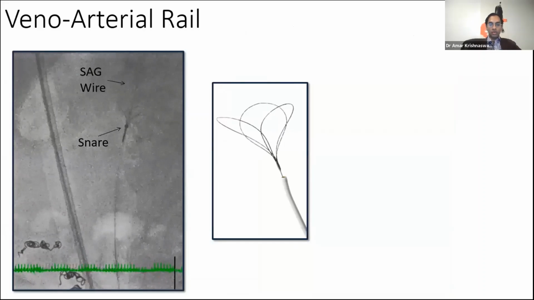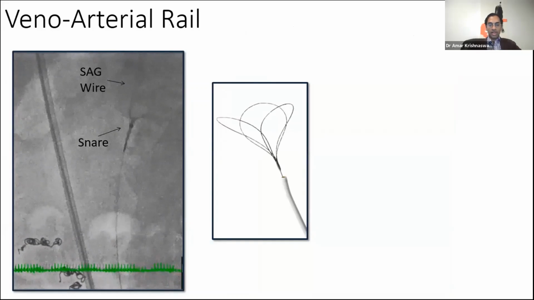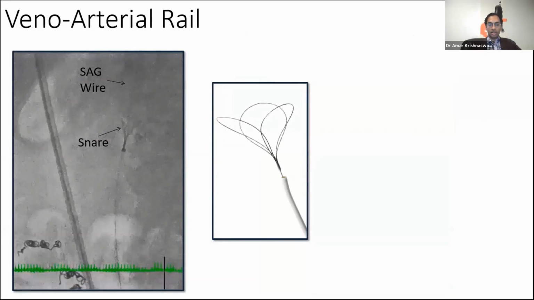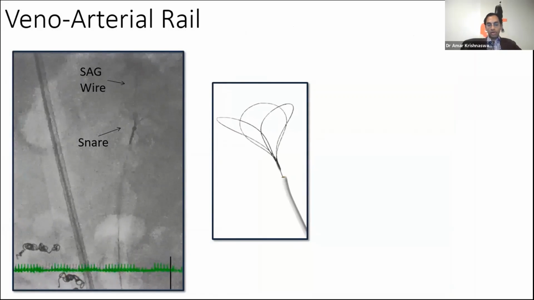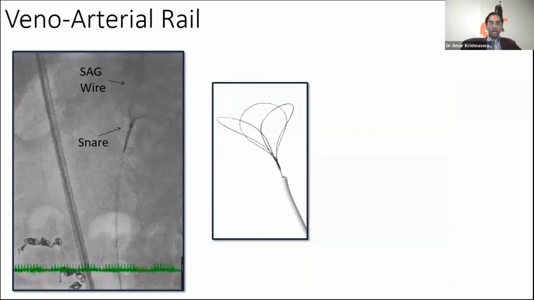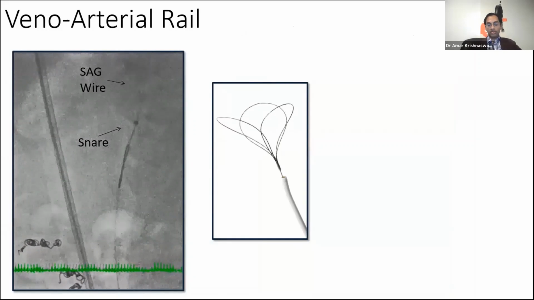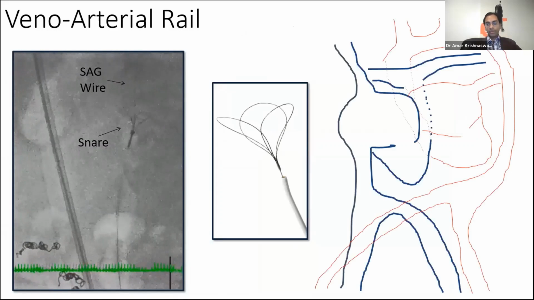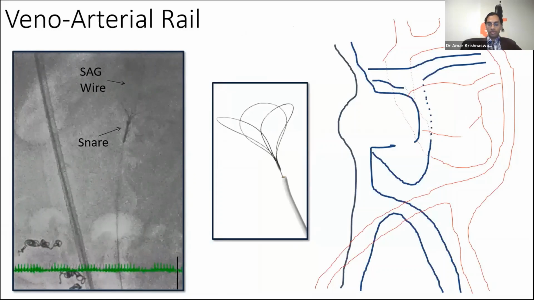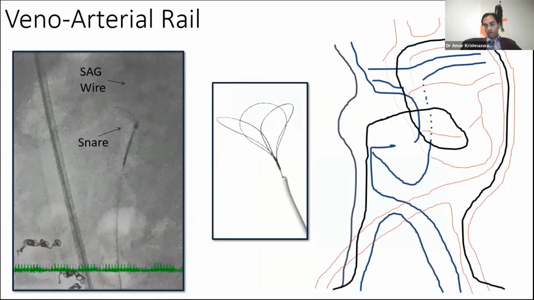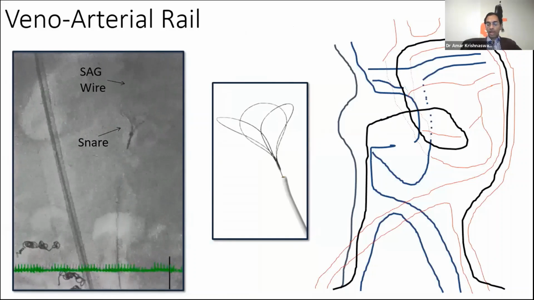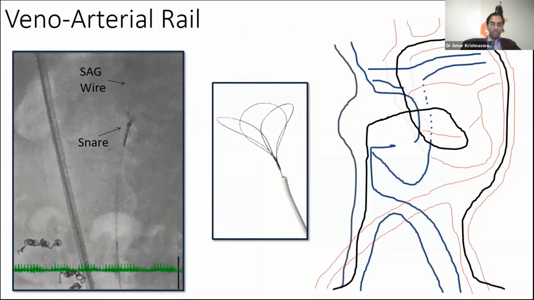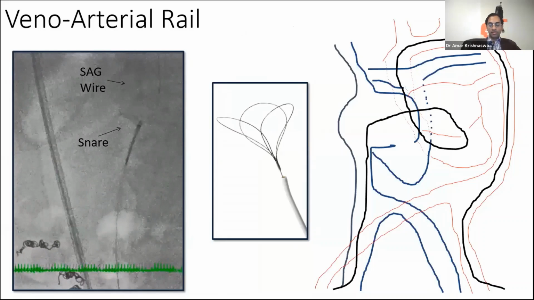Once we cross the leak, we oftentimes advance the Glide wire out to the descending aorta, and then using a typical 915 EN Snare, grab the wire in the descending aorta and externalize it to the femoral artery. And this provides a nice rail from the femoral vein across the septum through the leak and then back out the femoral artery, again to provide some support to deliver these bulky devices.